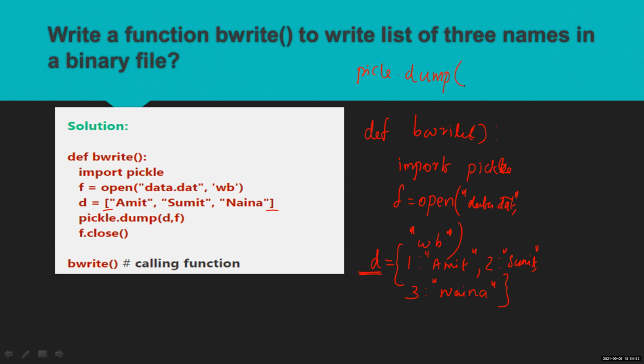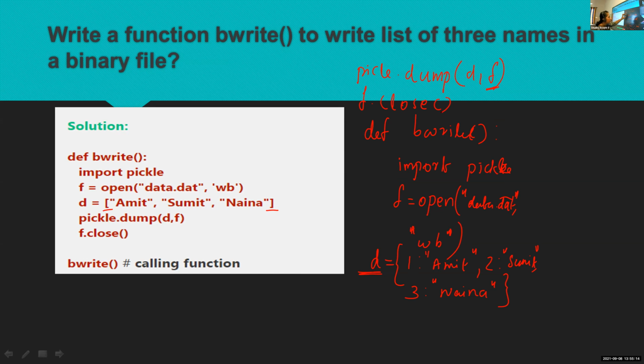D and F. D, comma, F. That is the content of D, the dictionary. The dictionary content is copied to file object F. Then the last statement is F dot close. The file is closed.